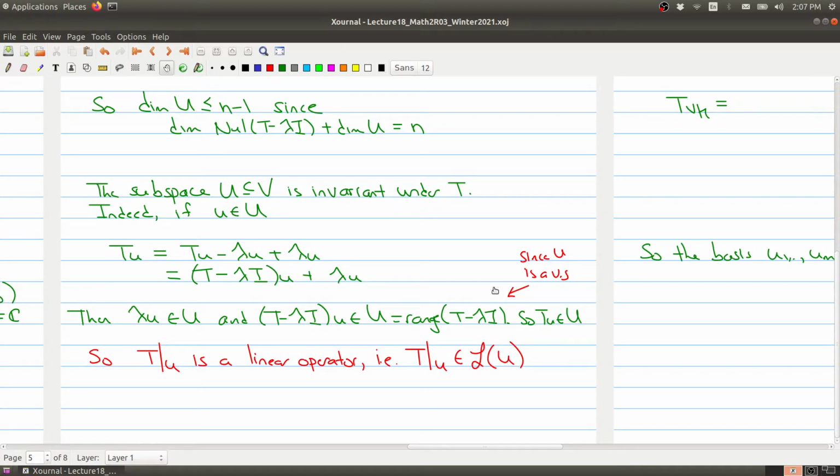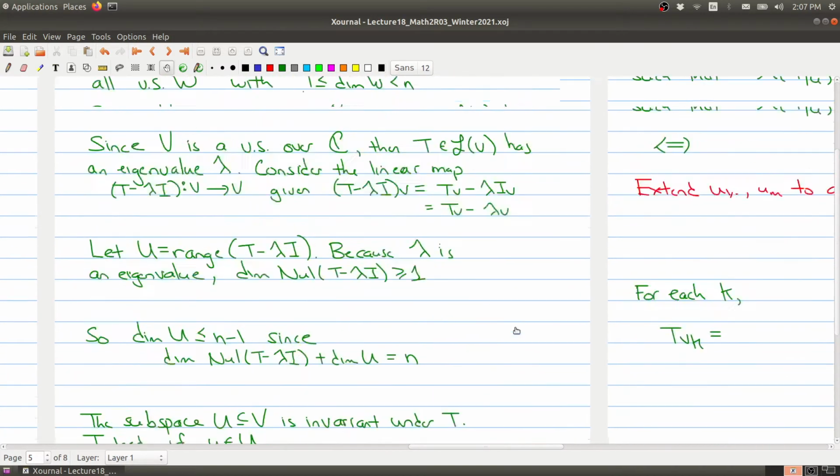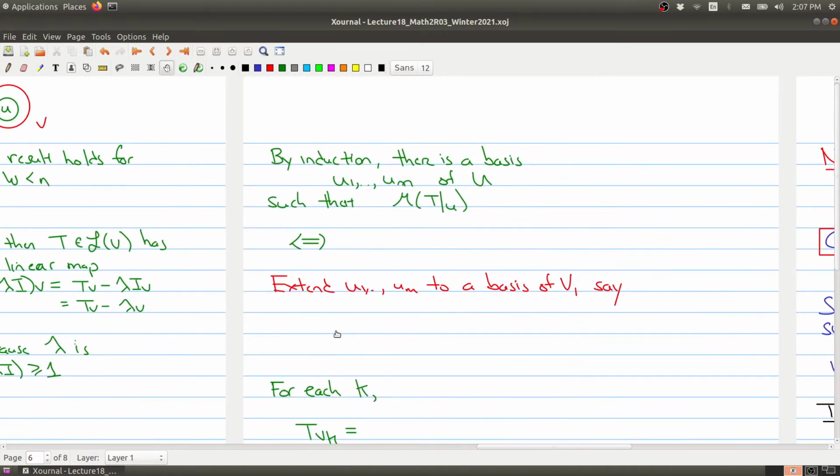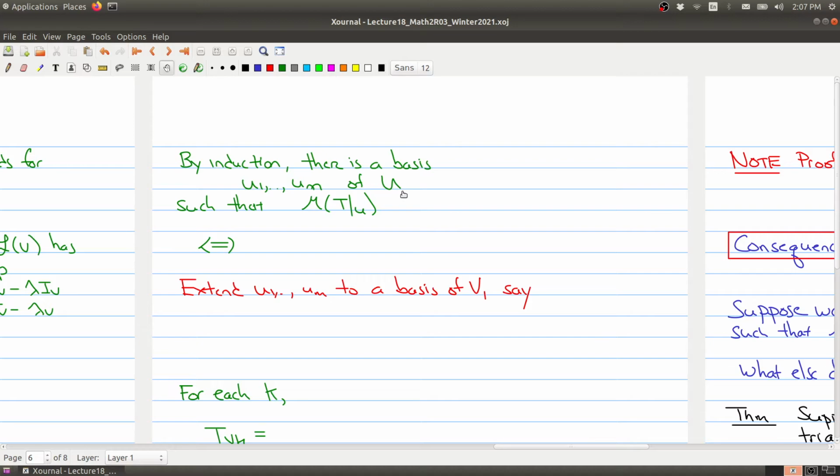Okay, so we have this linear operator on this subspace, and we know that U has smaller dimension. So by induction, there's a basis u1 through um of U such that the matrix associated with the linear operator is upper triangular.